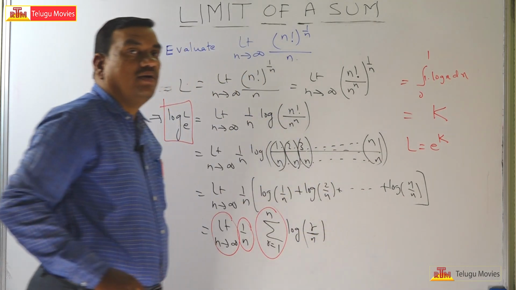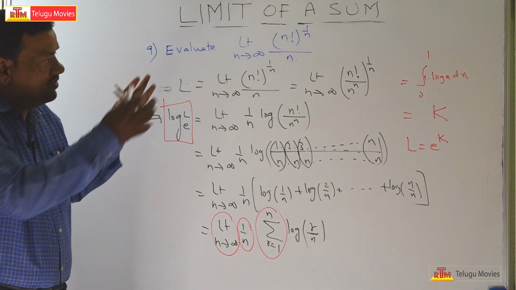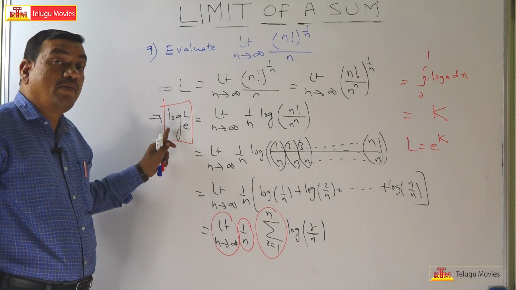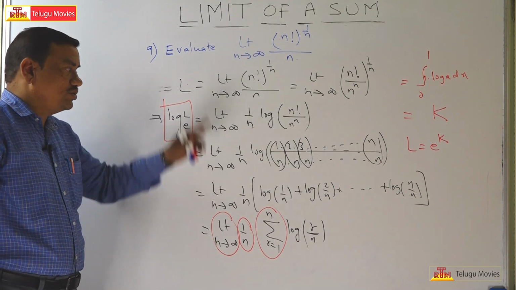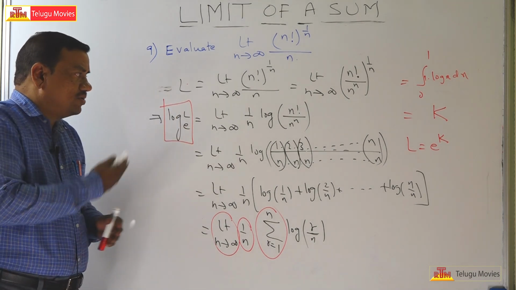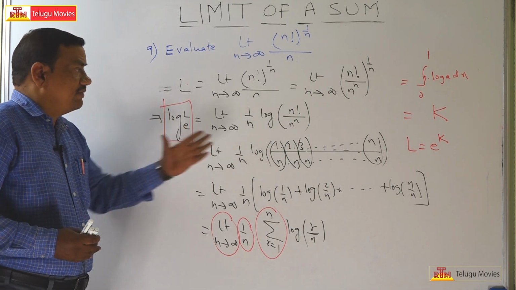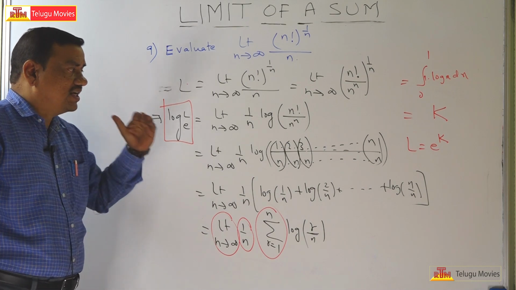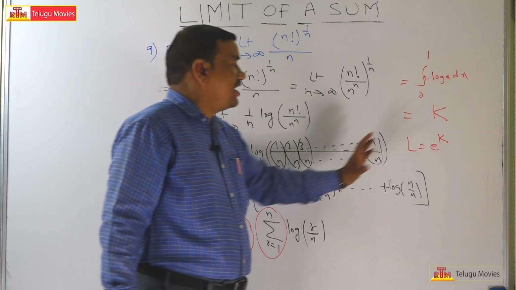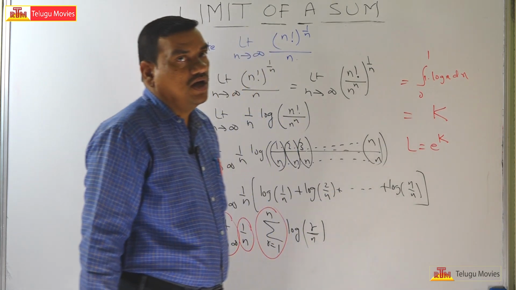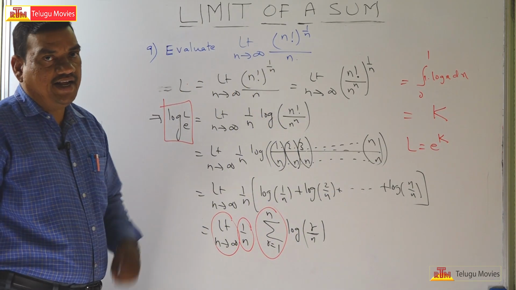Take log x outside, by parts formula we will do. If the answer is k, remember that this is log L value, not L value. So to get L value, we know how to convert logarithmic function into exponential function, that will be e power k. Okay? So this problem comes under e power k answer. Right. So let us see the next problem.